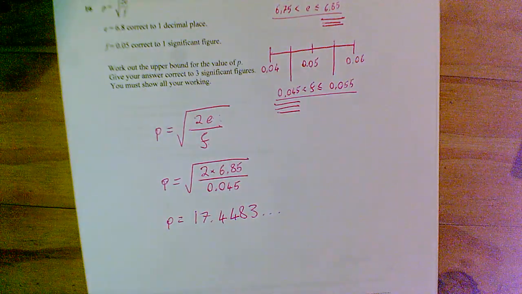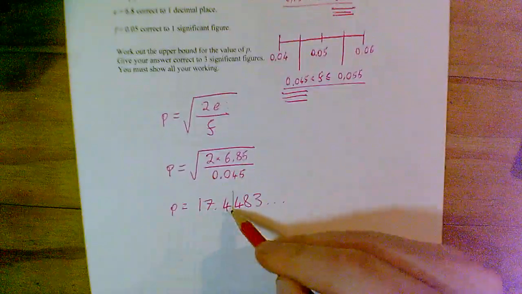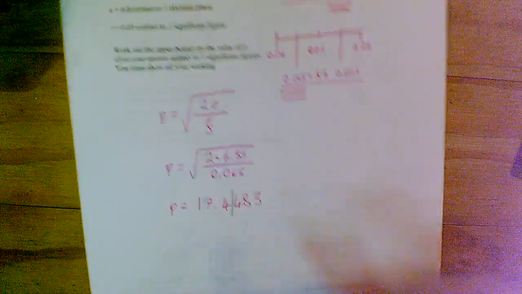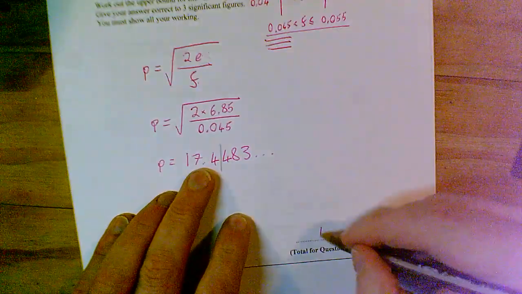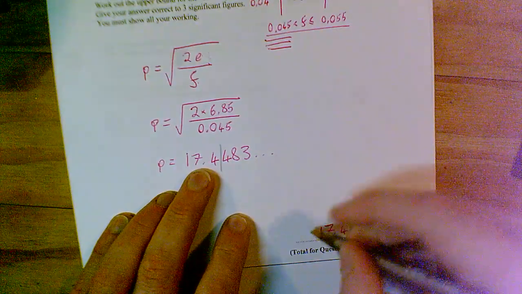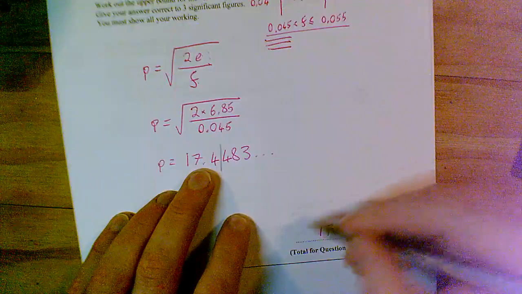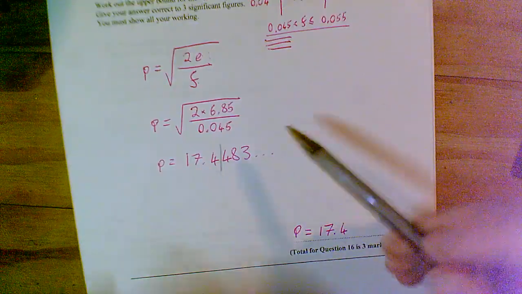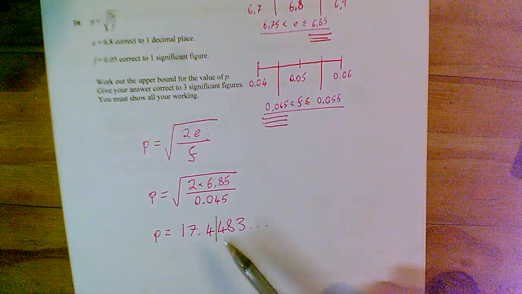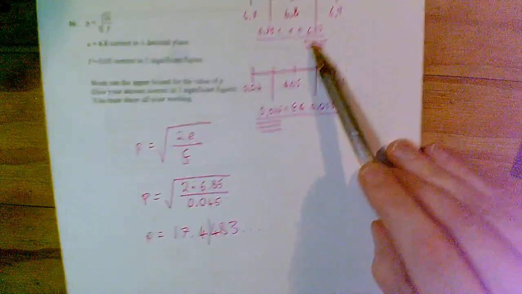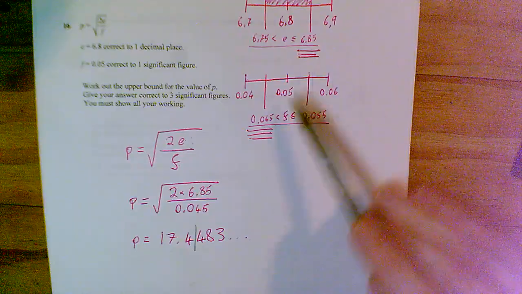3 significant figures. 1, 2, 3. Is it going to stay as 17.4 or go up to 17.5? Well, because of that 4, it stays as 17.4. And I'm working out the upper bound for P. Now, some people didn't like the fact that it says upper bound. It can't equal that because E can't equal 6.85.